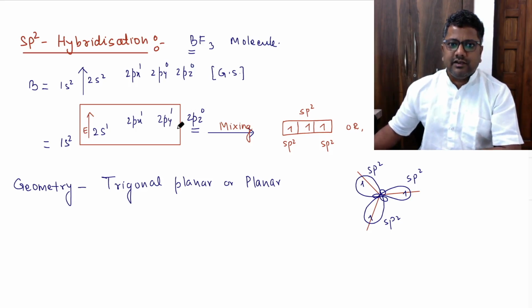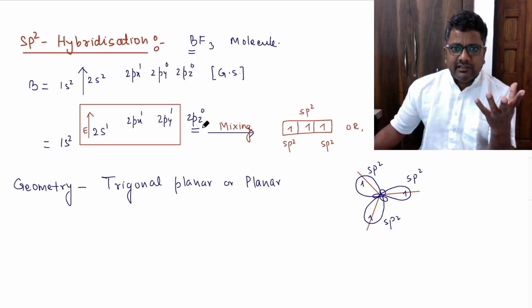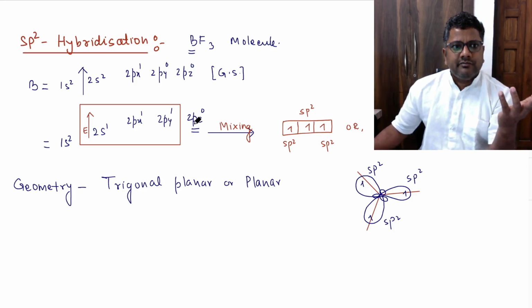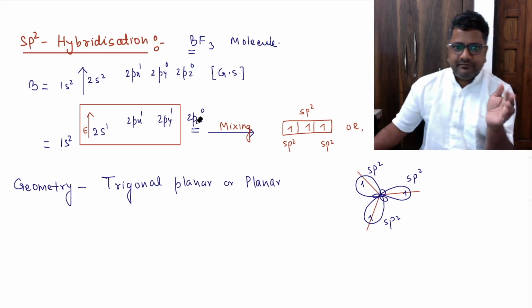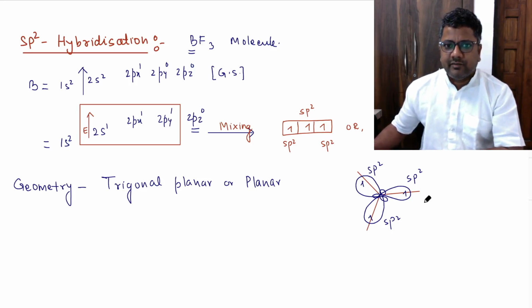So what is the future of this remaining atomic orbital? In some other molecule related to BF3 it may change and be involved in hybridization. I will give you an example for that as well. First, we have to see the formation of this.